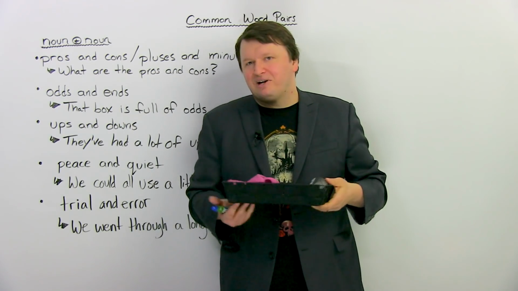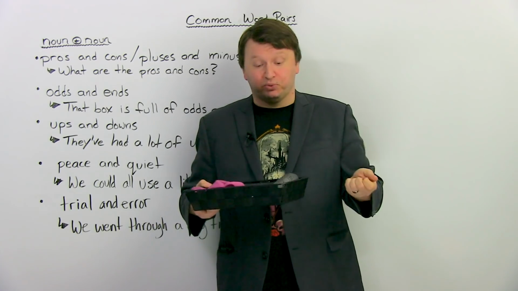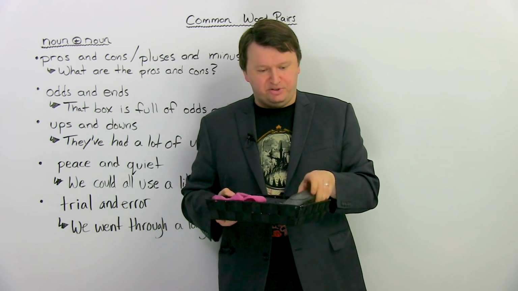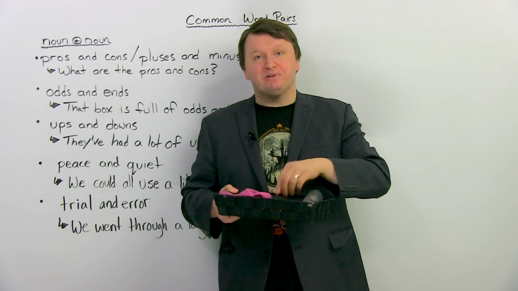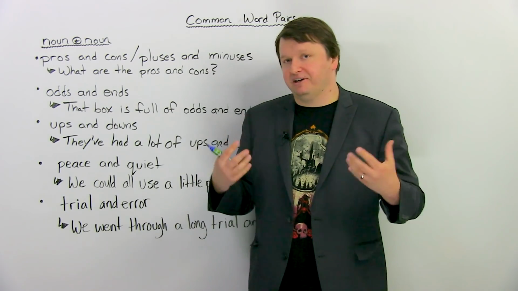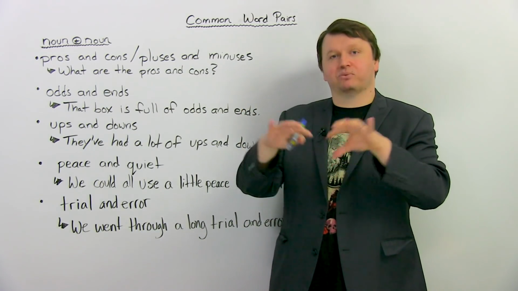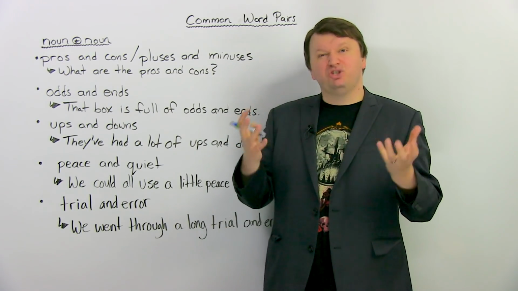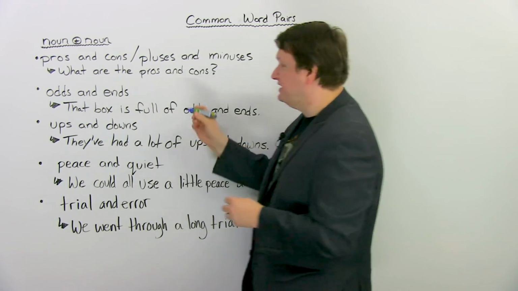So these things are not really related, but I don't have a box or a drawer in my house just for erasers or just for markers or just for staplers. So the odds and ends of something usually just refer to the random pieces, the random articles, the junk, the miscellaneous junk. So that box is full of odds and ends.